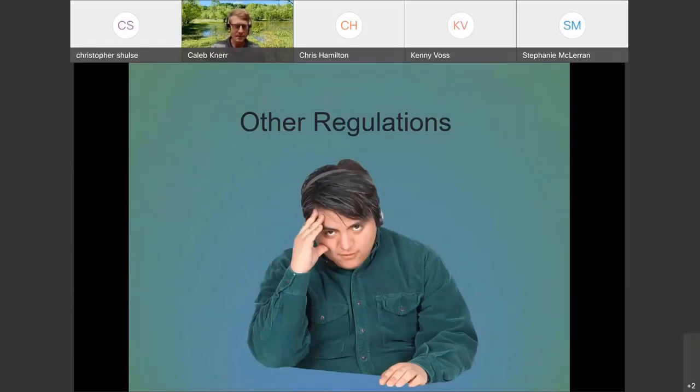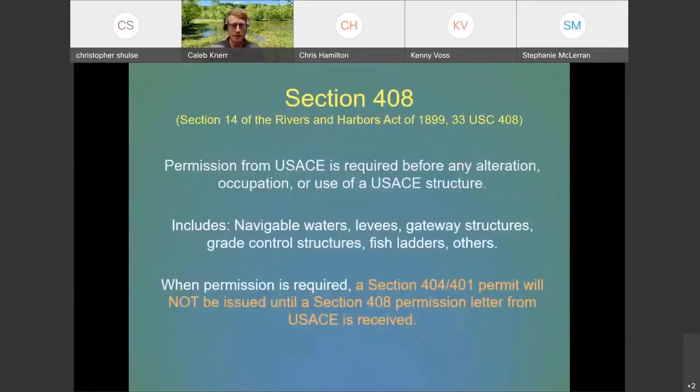So some other things that apply that we've alluded to a little bit are Section 408 of the Rivers and Harbors Act, or Section 14 of the Rivers and Harbors Act. That's 33 USC 408, but commonly referred to as Section 408. And these permissions are required when there's alteration or occupation or use of USACE structures.